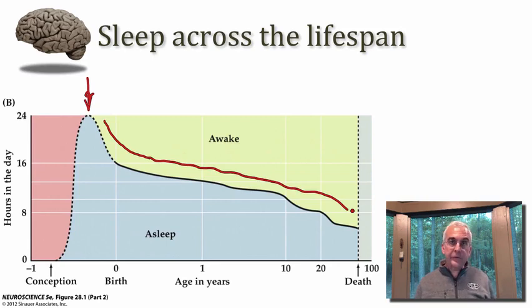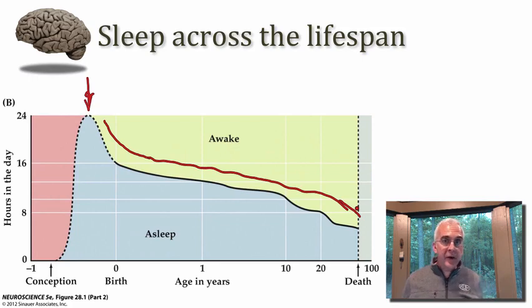So you'll notice this gradual decline in the amount of sleep that people experience throughout life, and note in particular how it trails off through our older adult years. This is often a problem for older adults who want to have more of the sleep that they experienced when they were in their younger years.